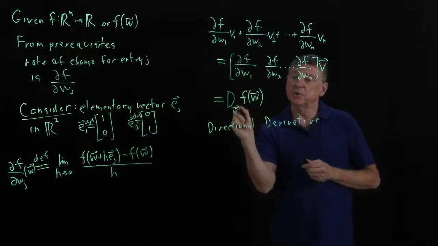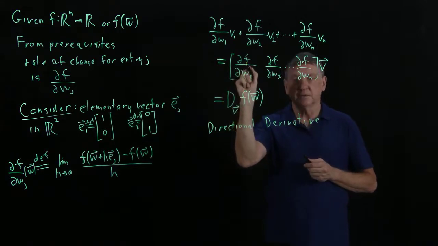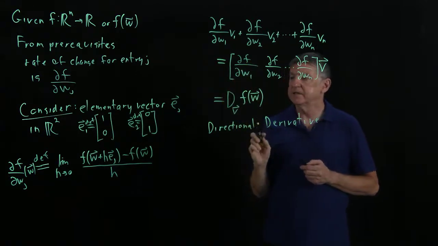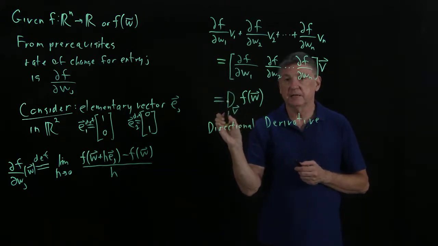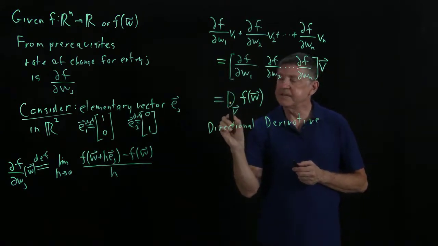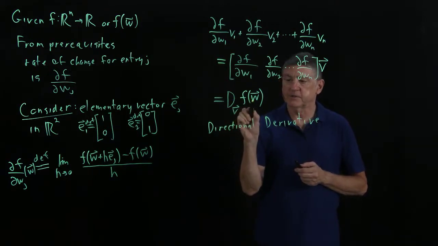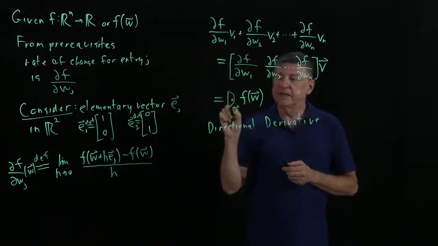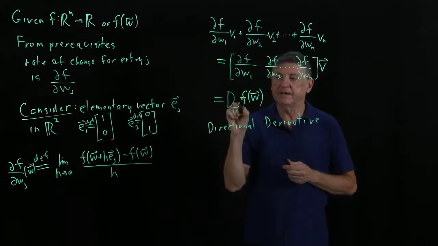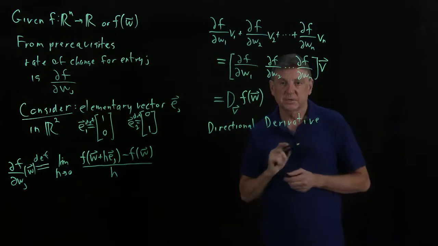When we want to do the computation of the directional derivative, we have this. Let's observe that this is a scalar value. So what this is saying is that if we're at some point in a vector space w, and we have a scalar function of it, f, the derivative in a direction is the result of this computation.